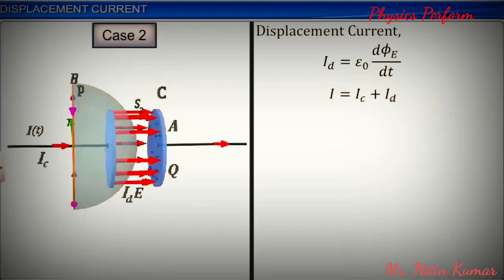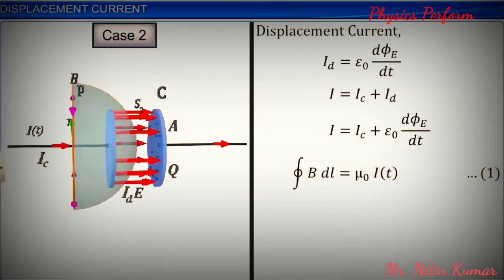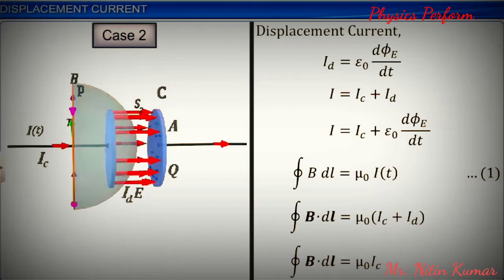Now, Ampere's law can be written as the integral over the closed loop B dot dl is equal to mu naught into IC plus ID, that is, integral over the closed loop B dot dl is equal to mu naught IC plus mu naught epsilon naught into d phi E by dt. This is known as the Ampere-Maxwell law. Let this be equation 8.